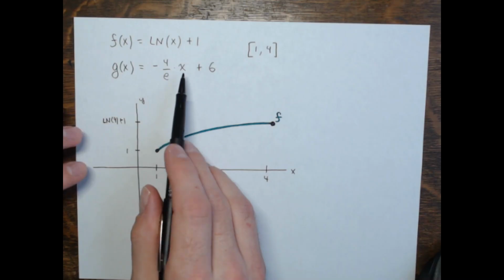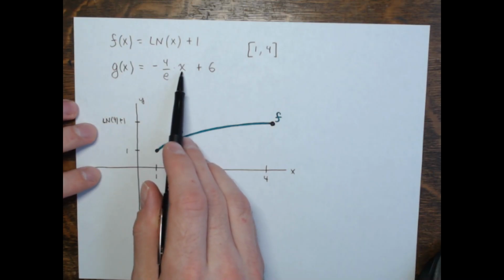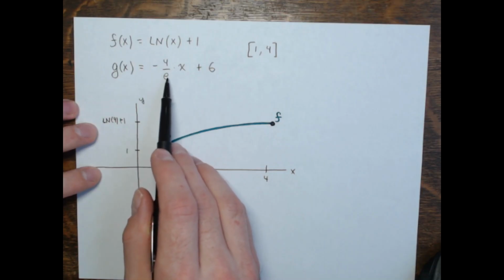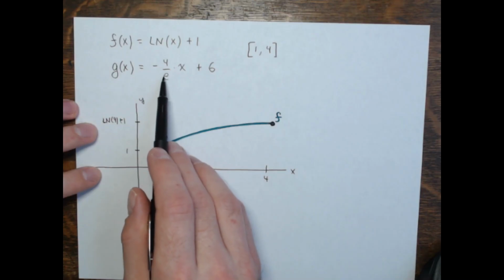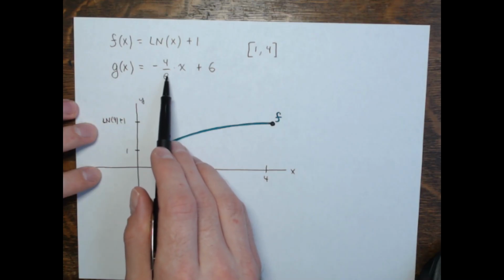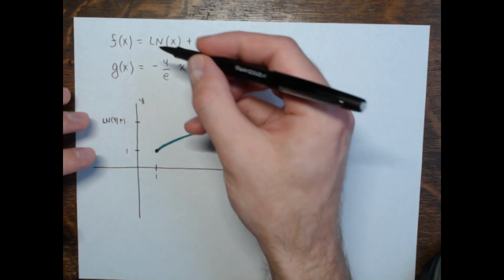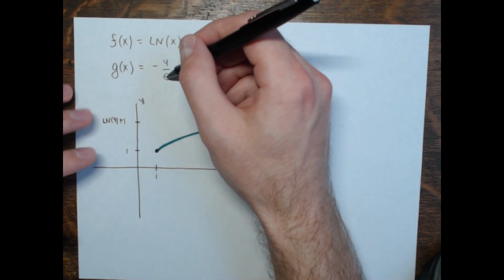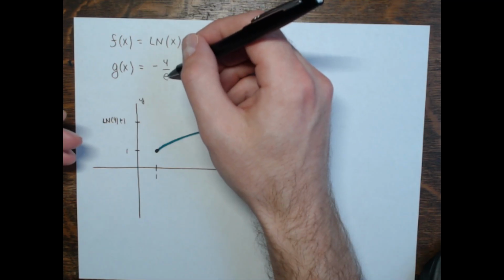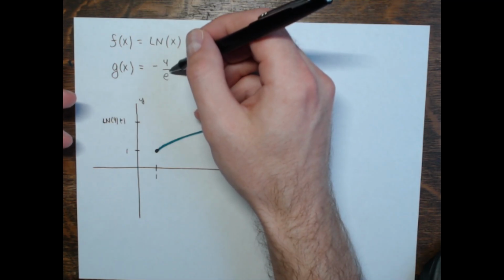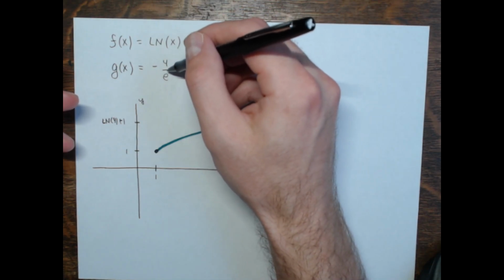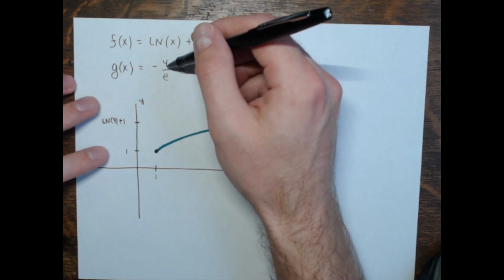Now g, and at 1. Now negative 4 over e, again, e is about 3, a little less than 3. So this is between negative 4 halves and negative 4 thirds. So between negative 2 and negative 4 thirds, negative 1 and a third.